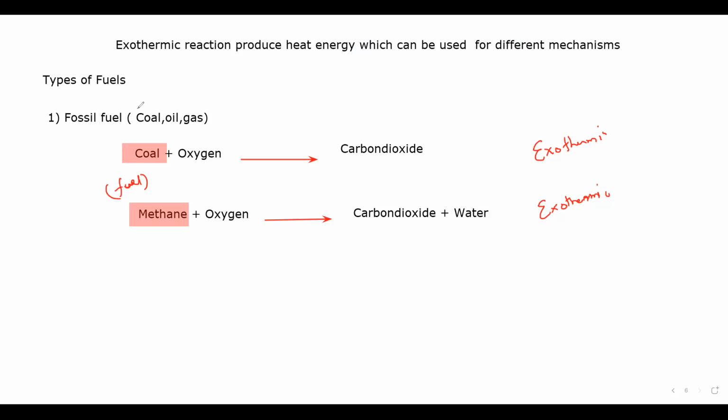And there is also another term used for this type of reaction. When oxygen is added, that type of reaction is also known as oxidation. So this is another definition of oxidation. We discussed the definition of oxidation in terms of electrons, but there is another definition: the addition of oxygen.